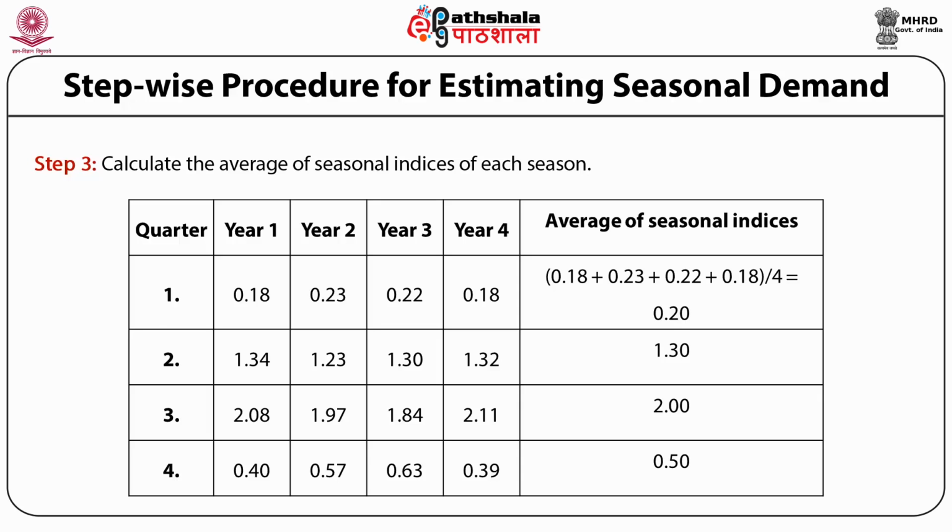For instance, for quarter 1, the average of seasonal index would be 0.18 plus 0.23 plus 0.22 plus 0.18 divided by 4, which would be 0.20. The average of seasonal index for quarter 2 for the 4-year data would be 1.30. Average of seasonal index of quarter 3 is 2.00. Lastly, average of seasonal index of fourth quarter is 0.50.